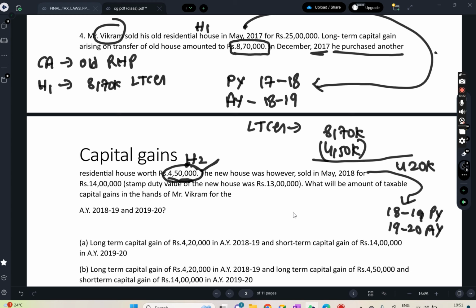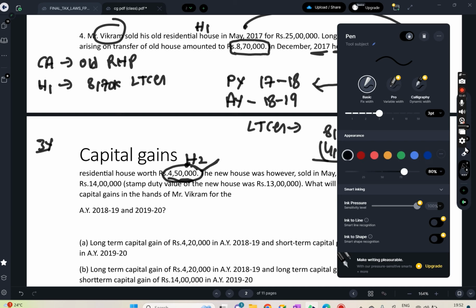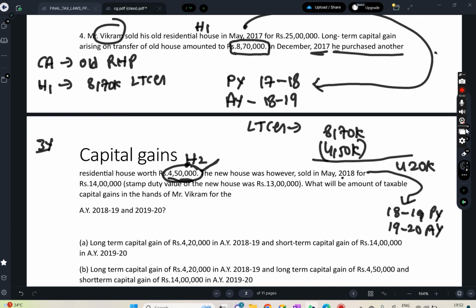Yes, sir, because the lock-in period is 3 years. You cannot sell or do anything within the 3 years, but in 2018 itself I am violating the section. If you are violating the section, whatever exemption you claimed earlier will be taxable now.